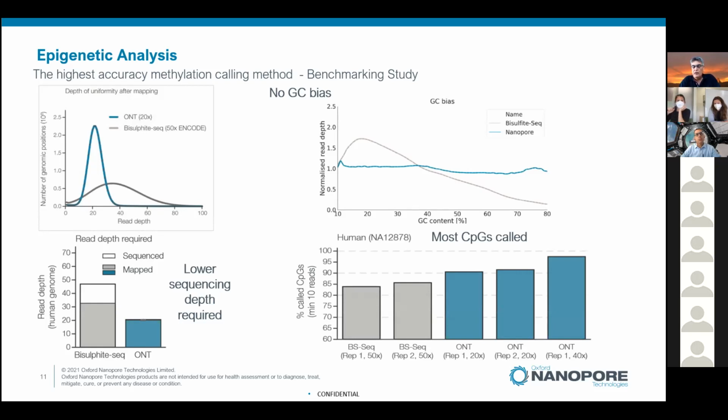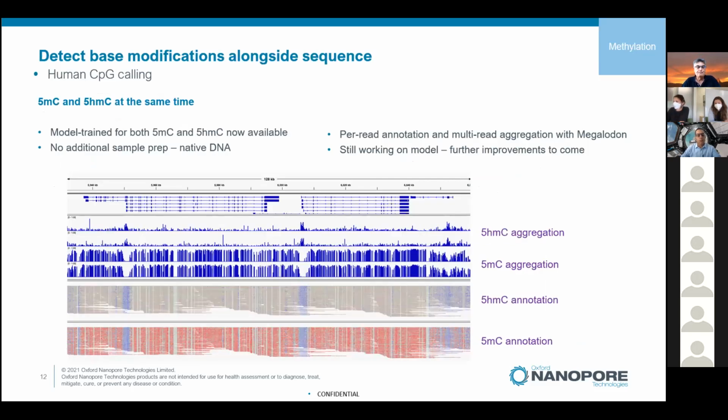With nanopore sequencing at 20-fold coverage, that's less than half the coverage of bisulfite, we can identify over 90% of the CpG sites. And at 40-fold coverage, it's probably 97, 98% of those identified, which means you just get more meaningful data from your sample.